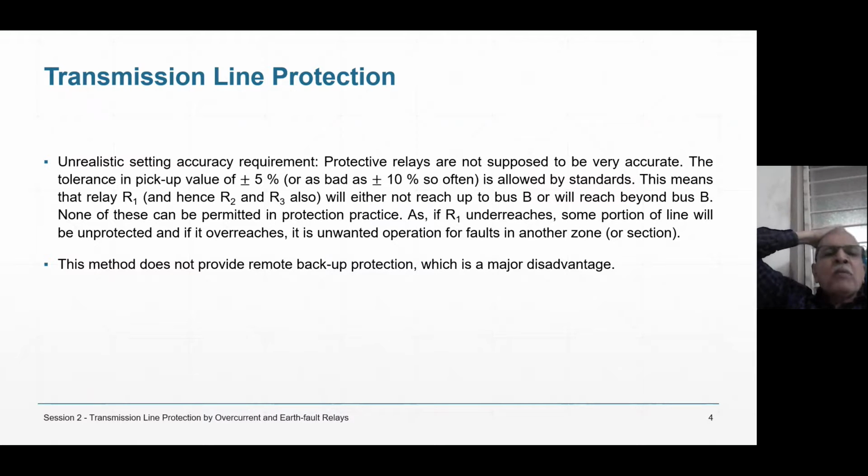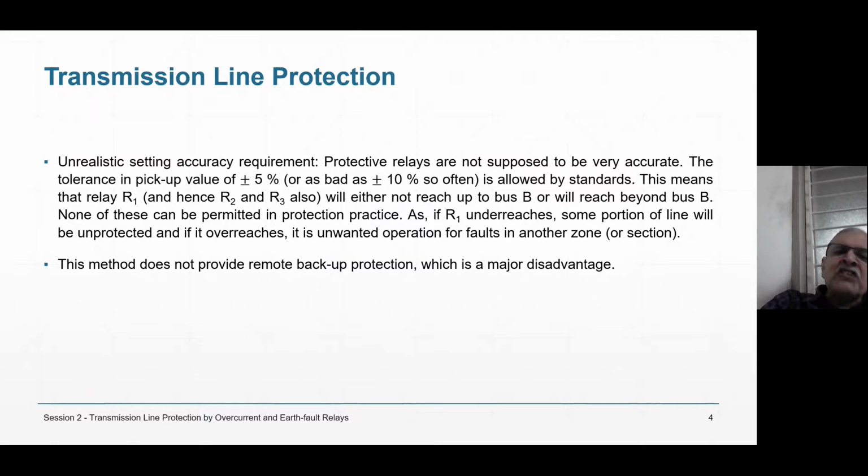Part of the line can be protected by an instantaneous relay, but not the full line length. So what are the reasons? What are the problems that do not allow us to use instantaneous overcurrent relays fully?